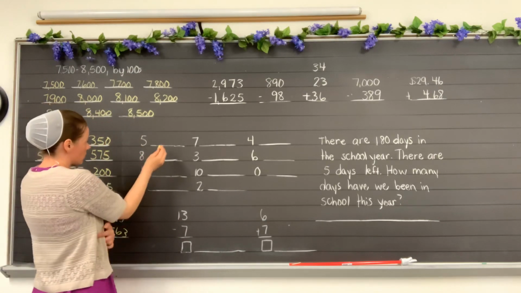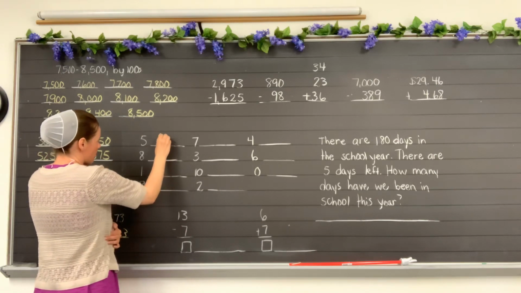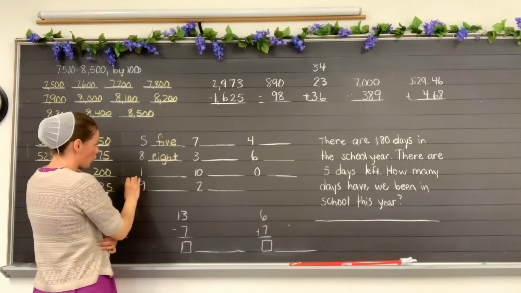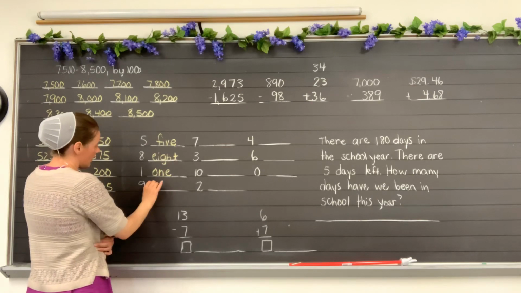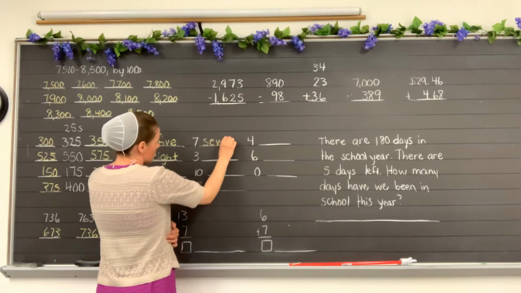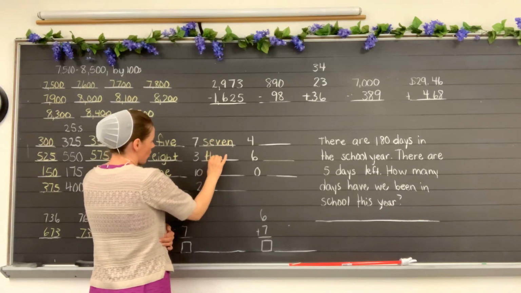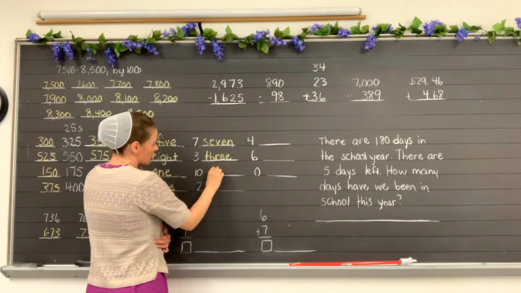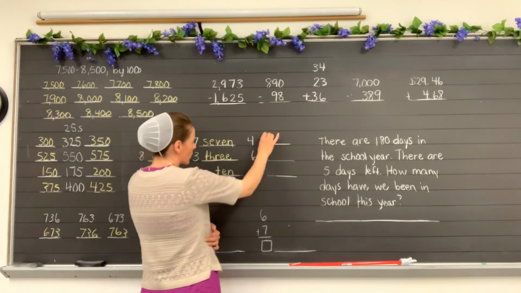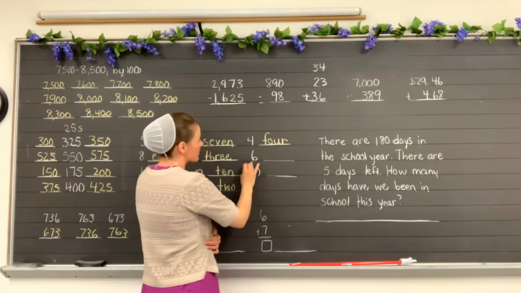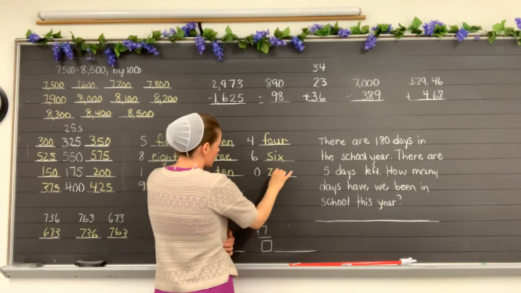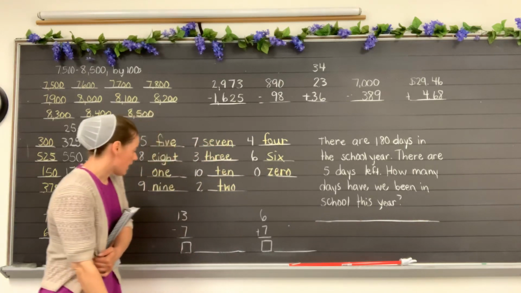And here is a 5, so 5 is written F-I-V-E, 8 is E-I-G-H-T, 1 is O-N-E, 9 is N-I-N-E, 7 is S-E-V-E-N, 3 is T-H-R-E-E, 10 is T-E-N, 2 is T-W-O, 4 is F-O-U-R, 6 is S-I-X, 0 is Z-E-R-O.